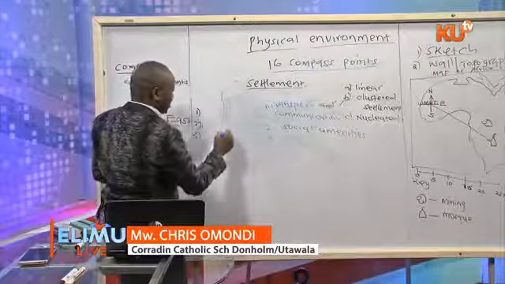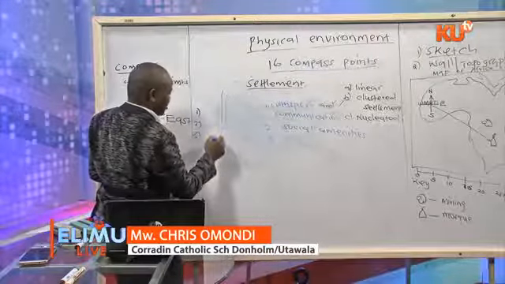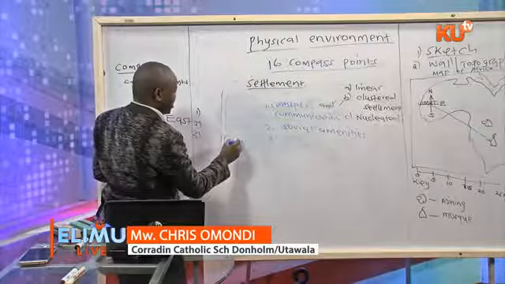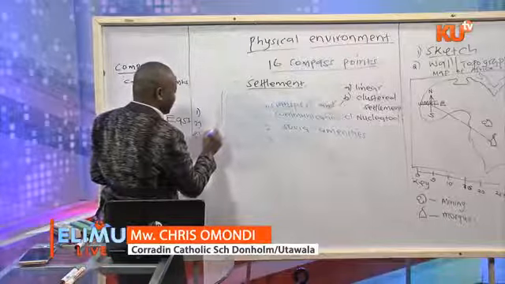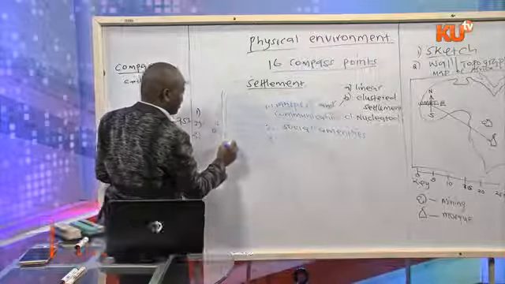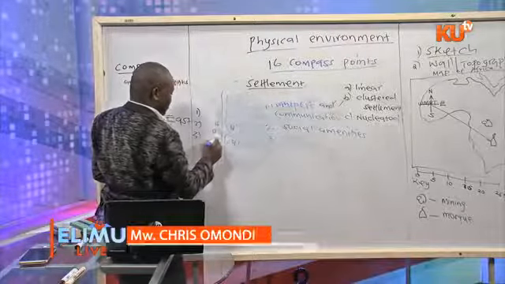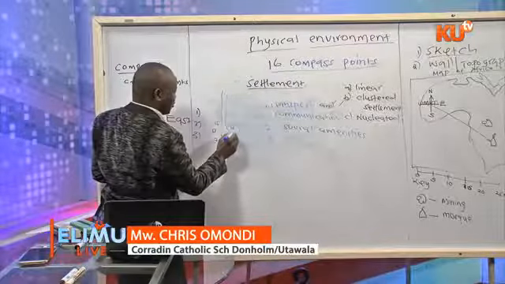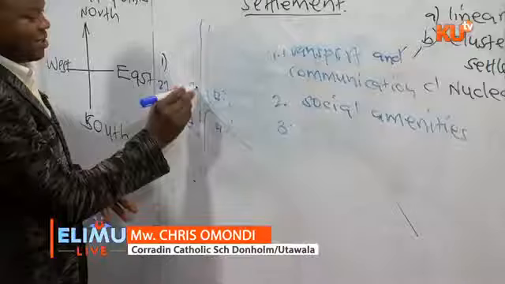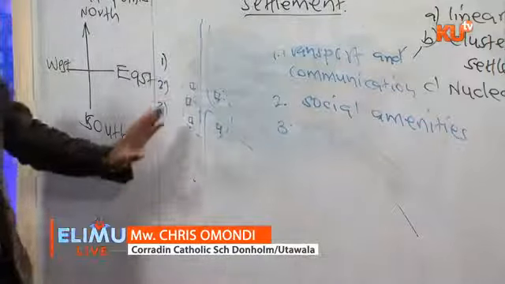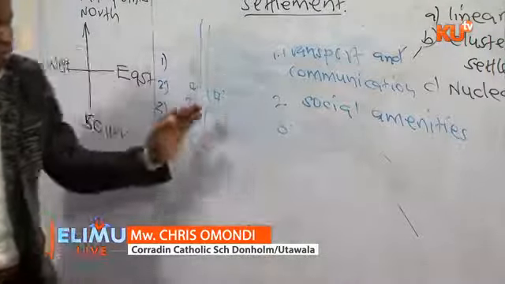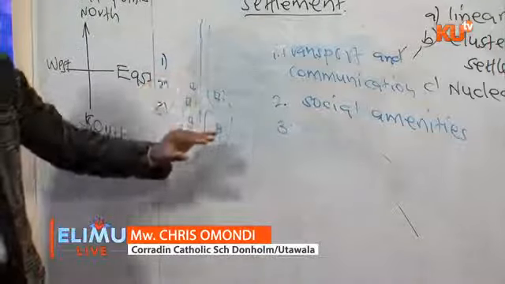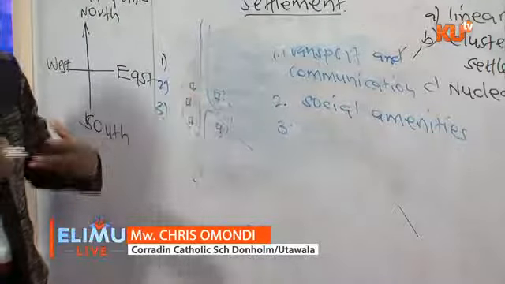This is the road, and this one is the junction. Then we have the town. Then there is some group of people around this particular place. Why do the people live around this? I said it's social amenities, because there are so many other social centers which can be of help to them.